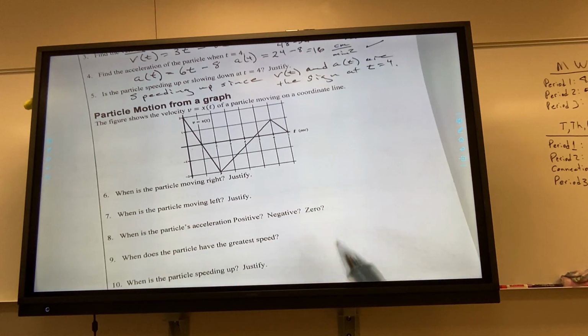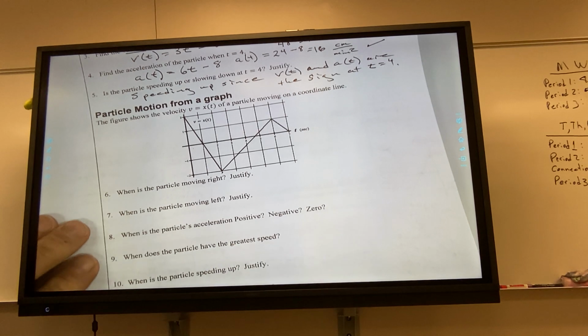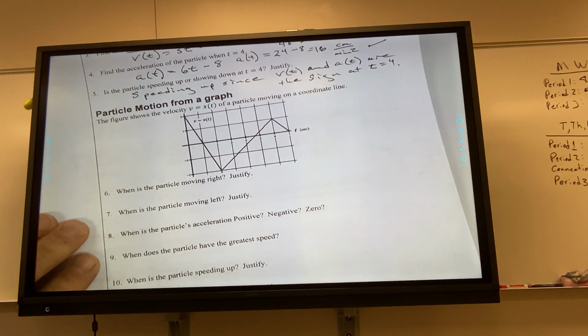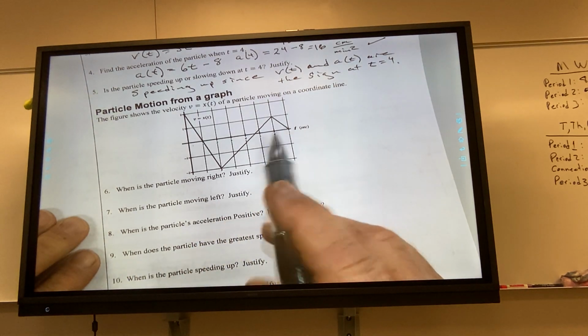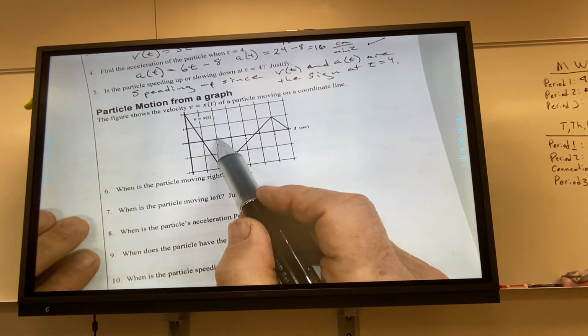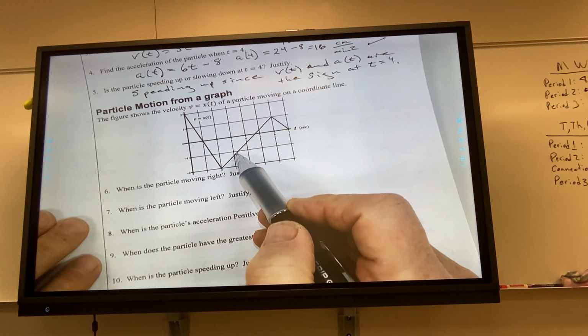All right. When, Ben, is the particle moving right? Remember, velocity gives you two things. 2 to 6. Here's 2. Here's 6. I got negative velocity at 2, right?